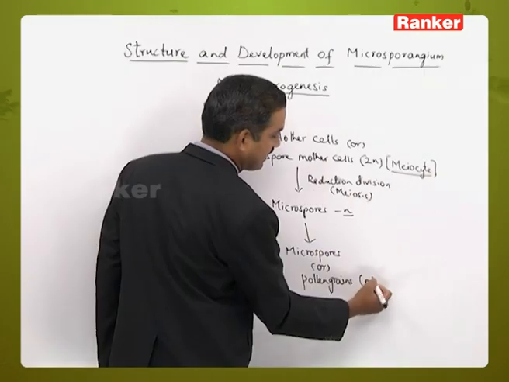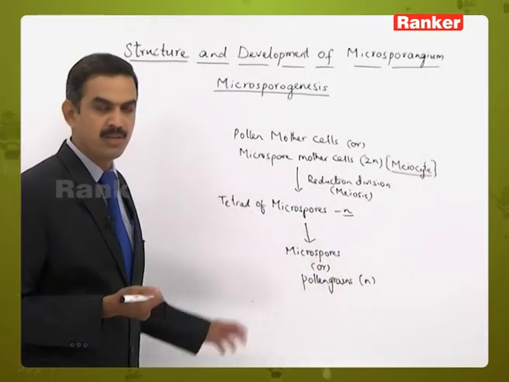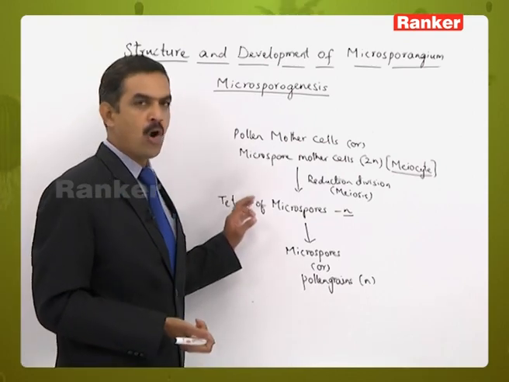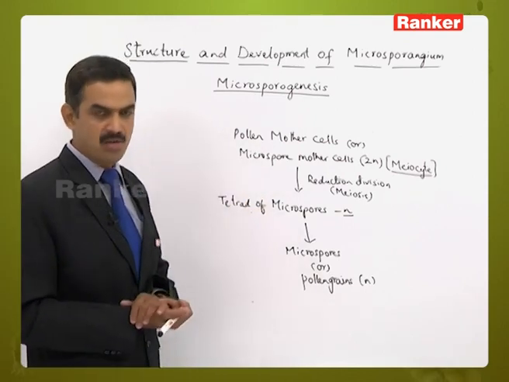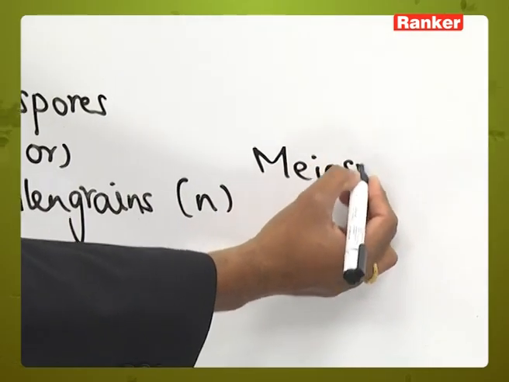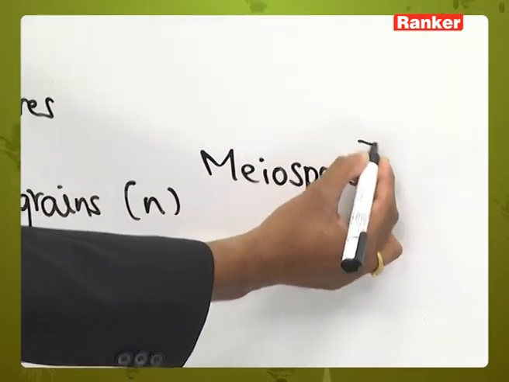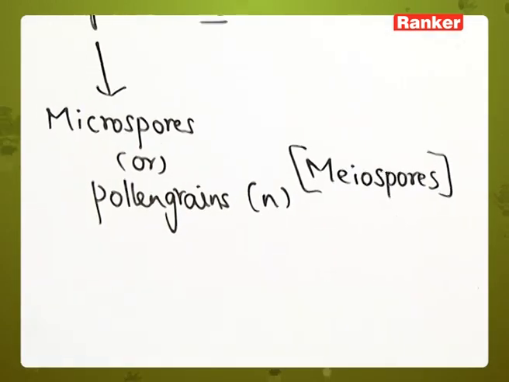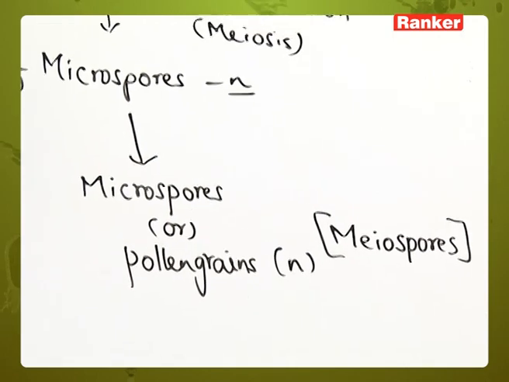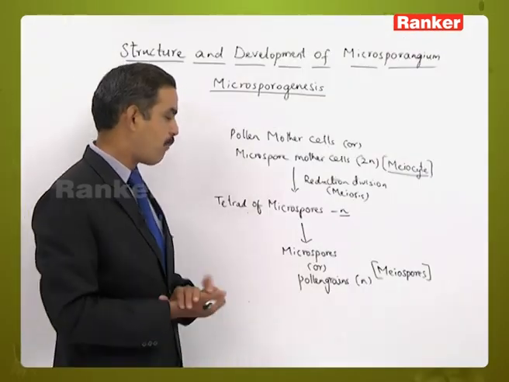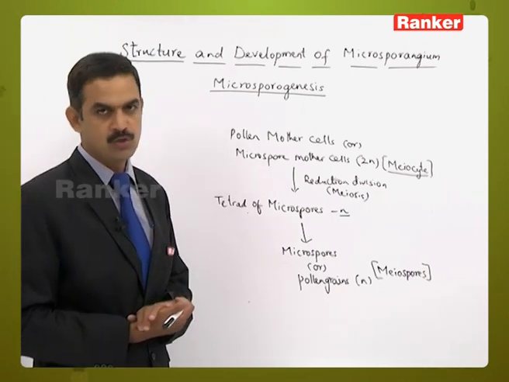And of course, as I said, they are already haploid in condition because they are formed as a result of meiosis, and any cell which is formed as a process of meiosis, we call that a meiospore. So, now we can call these microspores or pollen grains meiospores. Microspore mother cell is called a meiocyte, and microspores or pollen grains are called meiospores.